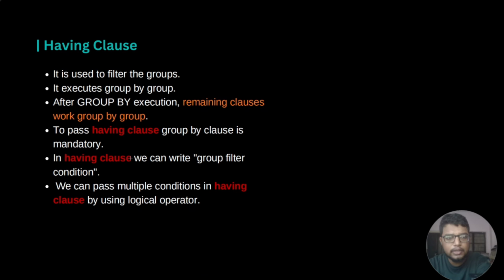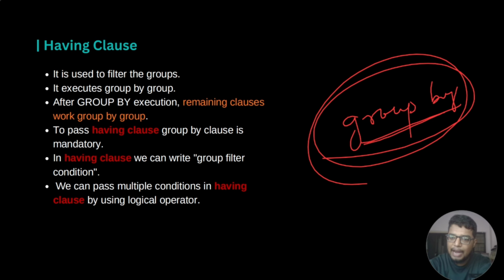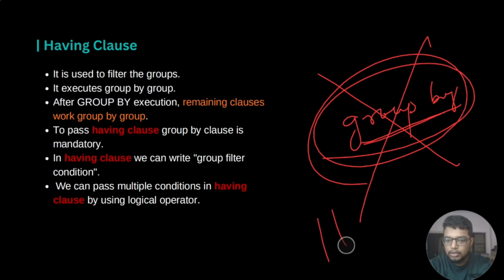Okay, see, this is the theory part about the having clause. It is used to filter the group. It means we already know that once the group by clause executes, any clause after that is going to execute, sorry, group by group. And one thing: the having clause only executes after the group by clause. If the group by clause is not there, we are unable to use the having clause.